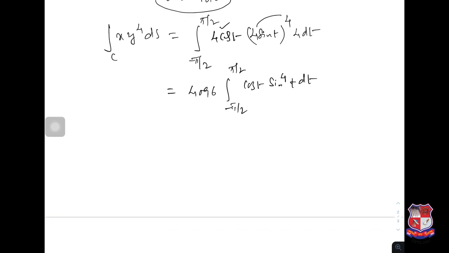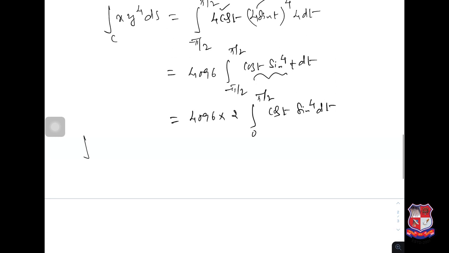And it's an even function also, so that is nothing but 4096 times 2 times the integral from 0 to π/2 of cos t sin⁴ t dt. And here also you have the result: f(x)ⁿ f'(x) dx equals f(x)ⁿ⁺¹ over n+1.